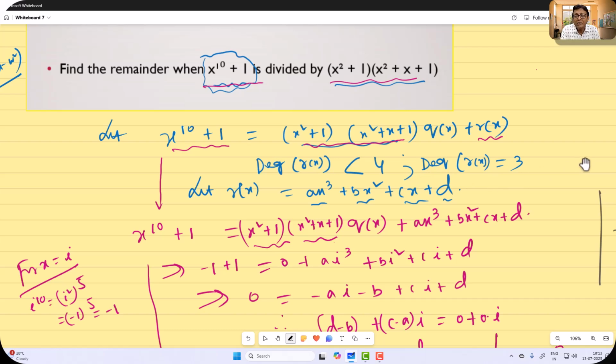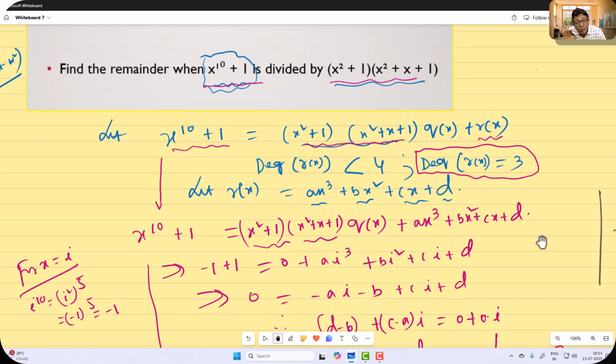So when we start a problem, we will assume that degree is 3, maybe 2, maybe 1, okay? But we will start this way, and a polynomial of 3rd degree is of this form: ax cube plus bx square plus cx plus d. So x to the power 10 plus 1 is going to be (x square plus 1)(x square plus x plus 1) into q(x), plus R(x), which is ax cube plus bx square plus cx plus d.